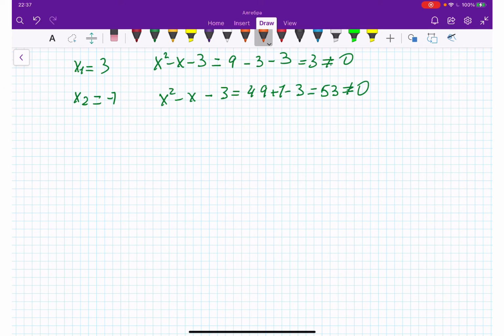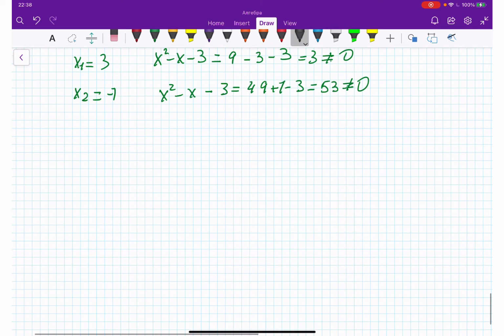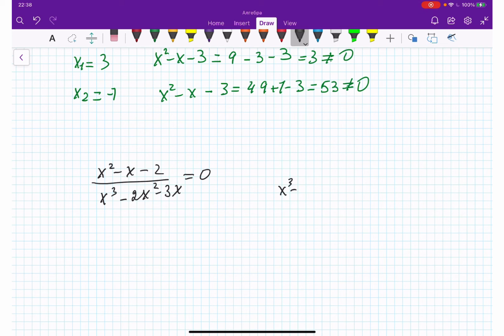Okay, next equation: x squared minus x minus 2 over x cubed minus 2x squared minus 3x, and that is equal to 0. Yet again, the denominator cannot be equal to 0, right?